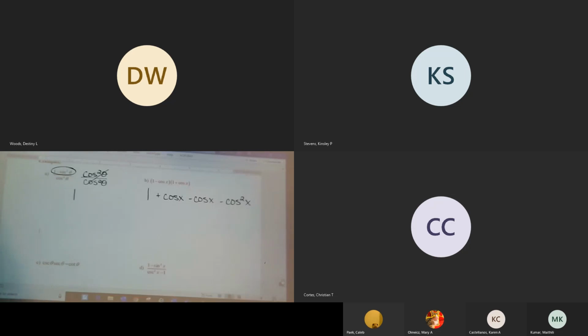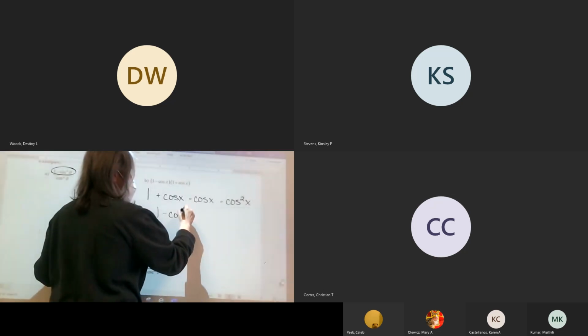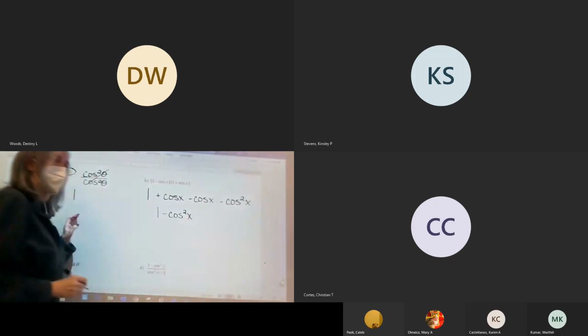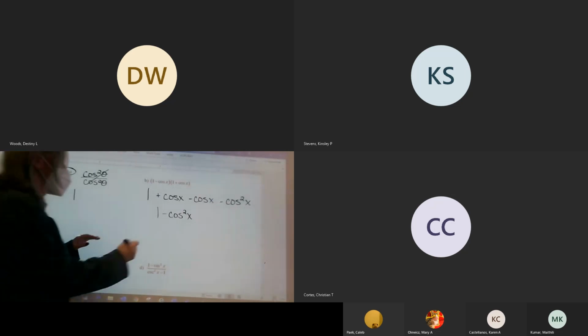Do you notice that the unsquared terms cancel out with each other, one's positive, one's negative? Now I want you to look at that and see if you can spot the Pythagorean identity. What's it equal to? Yeah, sine squared x.